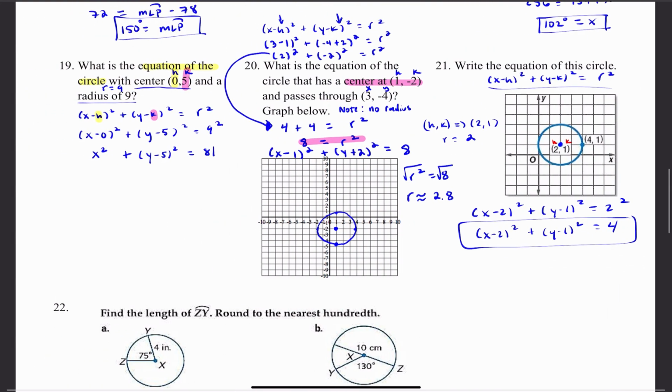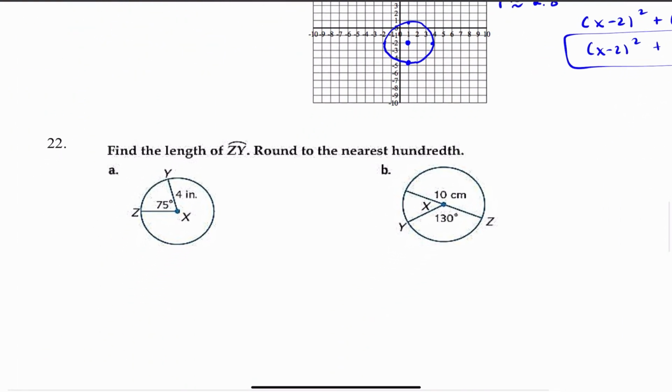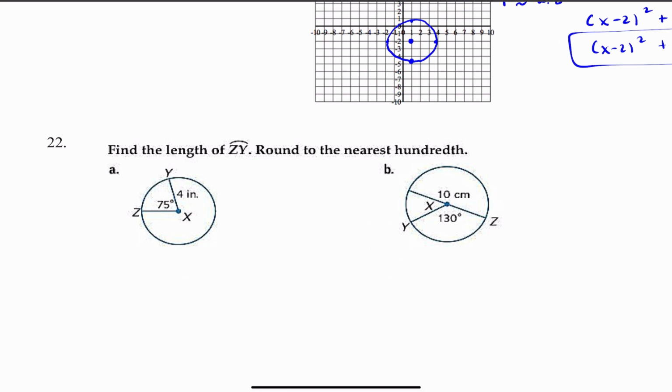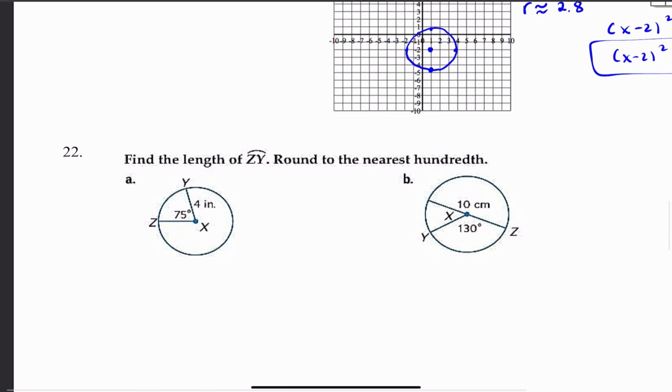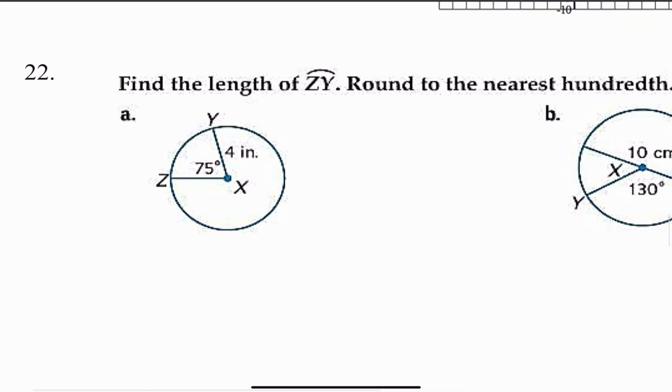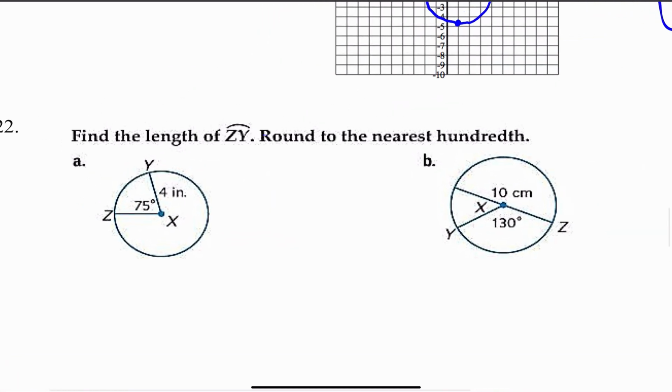Alrighty, so that's number 20. Let's take a look at number 22. It says find the length of the arc ZY, round to the nearest hundredths. Okay, so you're dealing with arc length, and I don't like this round to the nearest hundredth thing.